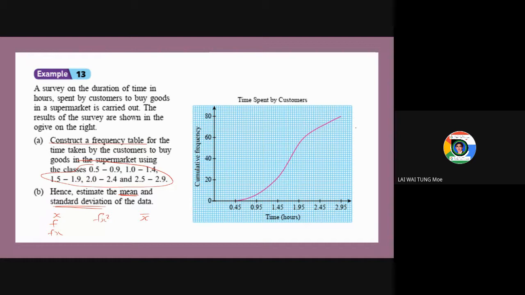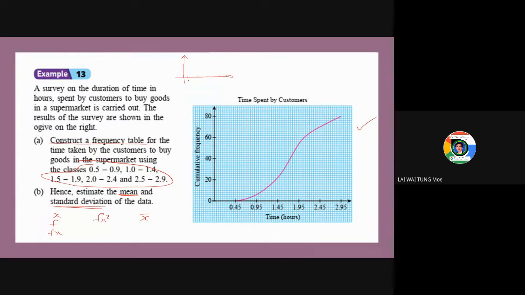Maybe the question just gives you an ogive like this, and then asks you to find the mean and standard deviation. So you need to find your class interval from this ogive. Actually, you can get the class interval from this, because if you remember, when you construct the ogive, for the x-axis we normally use what?